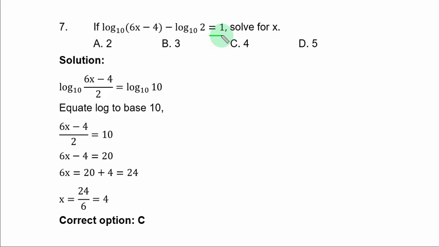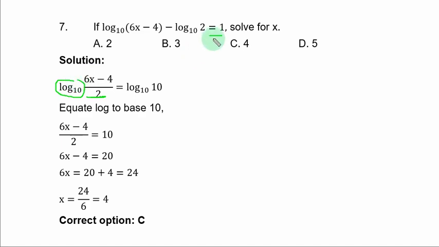When logs of numbers with the same base are subtracted, the numbers are divided. So you have log of (6s minus 4) divided by 2. As you are doing that, you need log to base 10 from the right hand side, that can cancel log base 10 on the left.